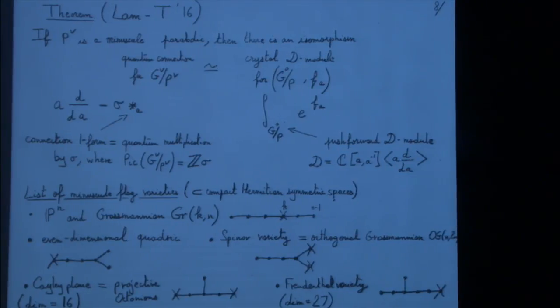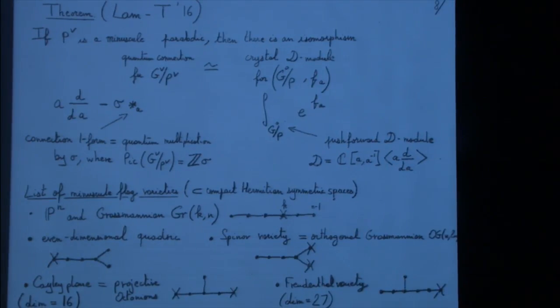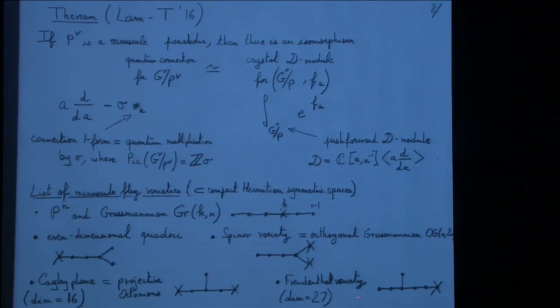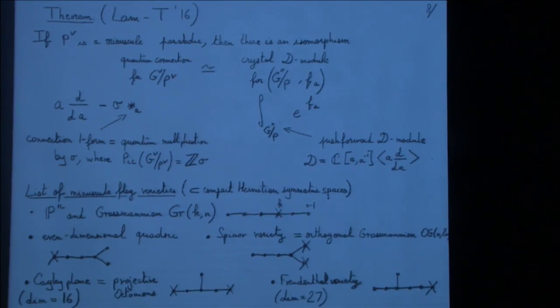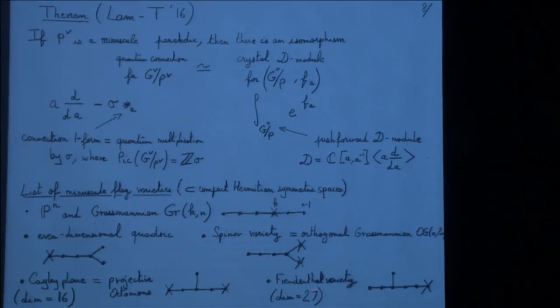If you're afraid of Lie groups, you can just focus on the Grassmannian. For the Grassmannian, it's already highly interesting, and in fact the result is new for the Grassmannian. If you like exceptional Lie groups, we can do the case of E7, in which case G/P is a Freudenthal variety.